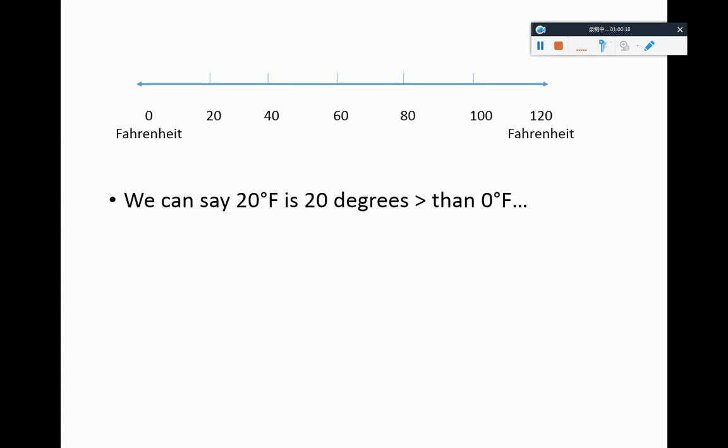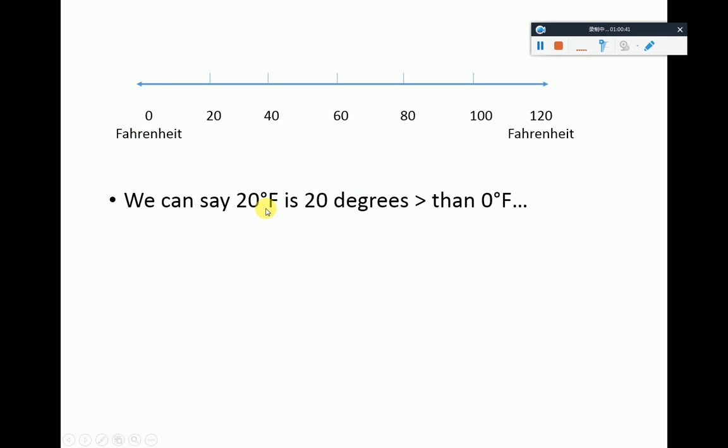Okay, so let's see if we really understand this, arbitrary 0 point on an interval scale. So I give you here the original or the usual Fahrenheit scale, starting with 0.